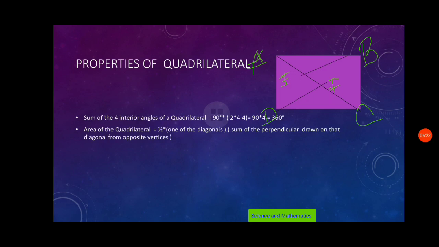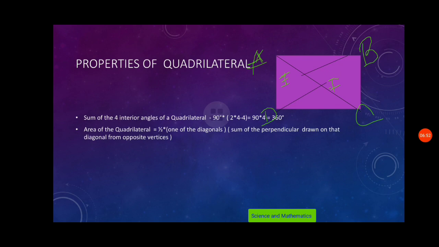Now I will give you an example. Suppose I have given a figure. You can see a quadrilateral ABCD. Here you can see A, B, C and D. These are the four points I have marked. There are perpendiculars which meet the diagonal at E and F, as written in my slide.